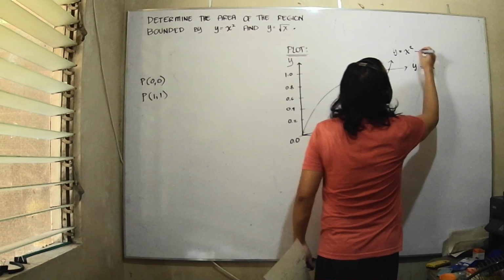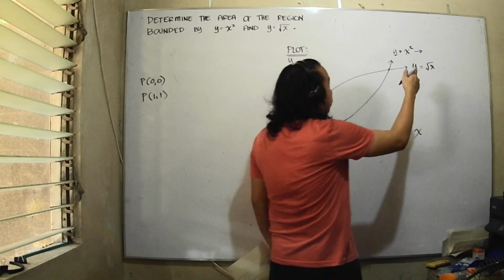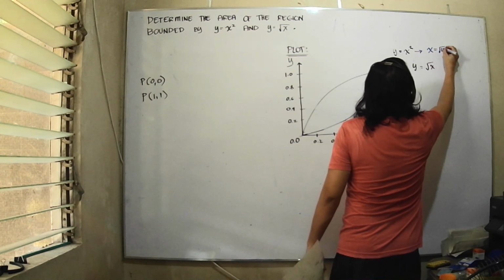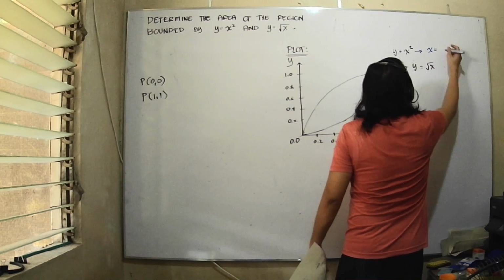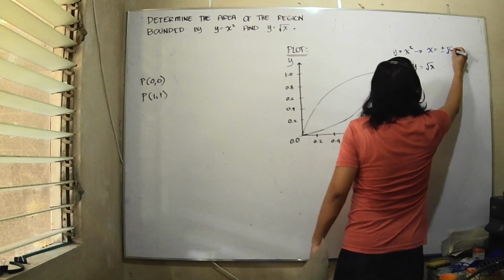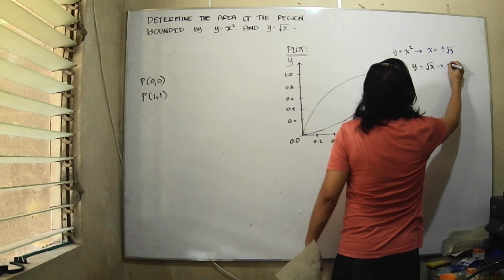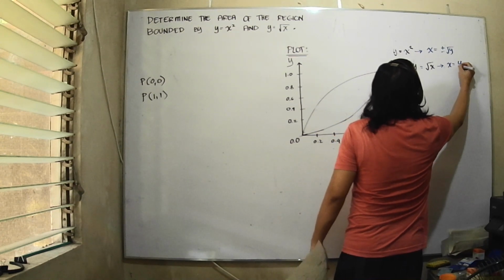I will invert the rules, and I will have x is equal to square root of y, positive and negative square root of y. And for the other, I can say x is equal to y squared.